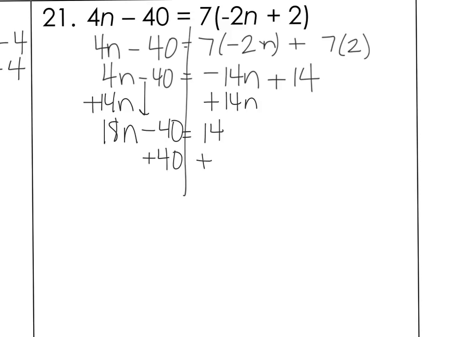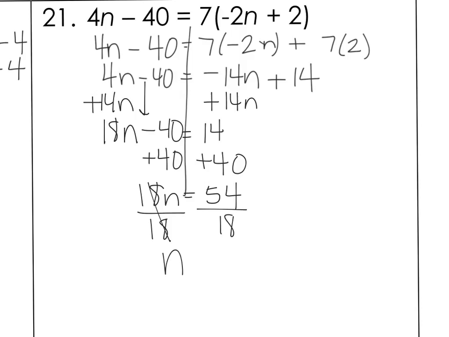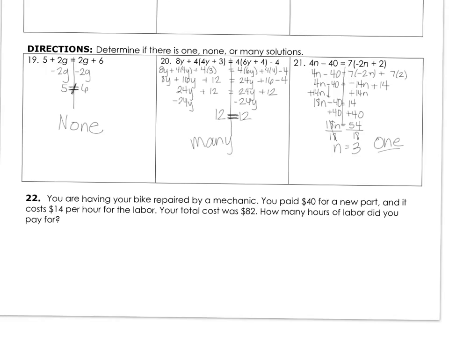Add 40 to both sides. 18n equals 54. Divide by 18. N equals the one, the only 3. So if n equals a direct number, there is only one solution. No more, no less.